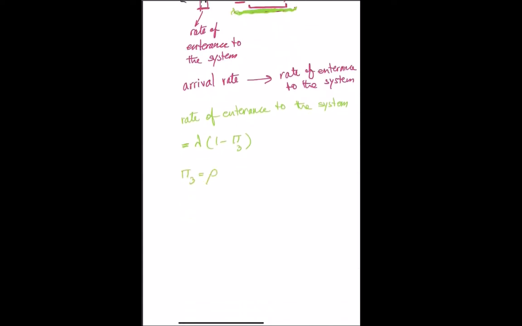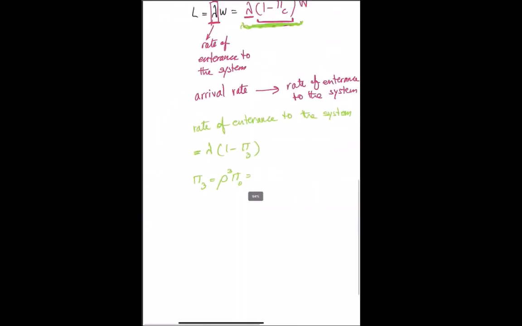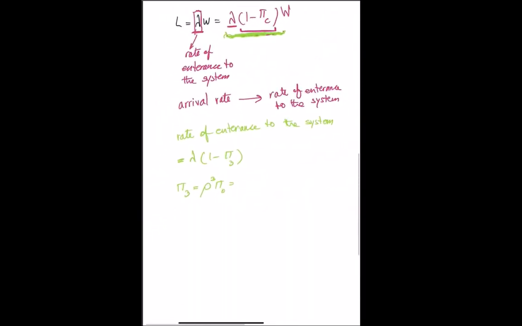rho to the power of 3 pi 0, rho equals to 3 over 2, we just calculated, to the power of 3, and pi 0 is 16 over 130.